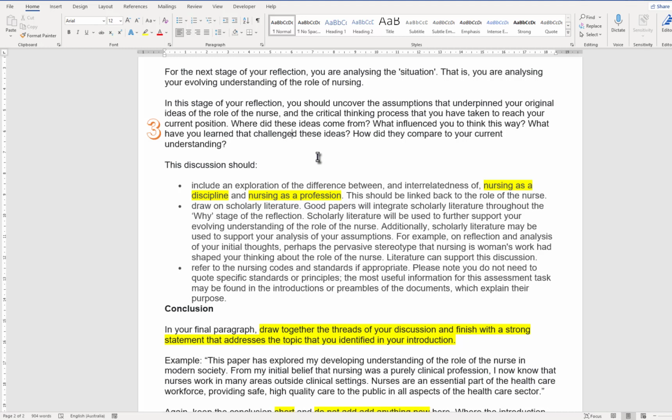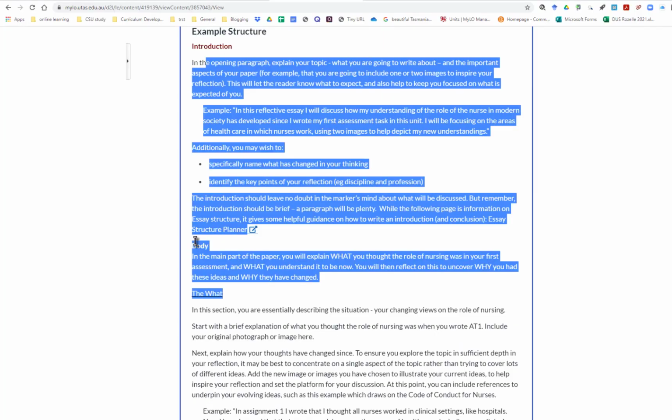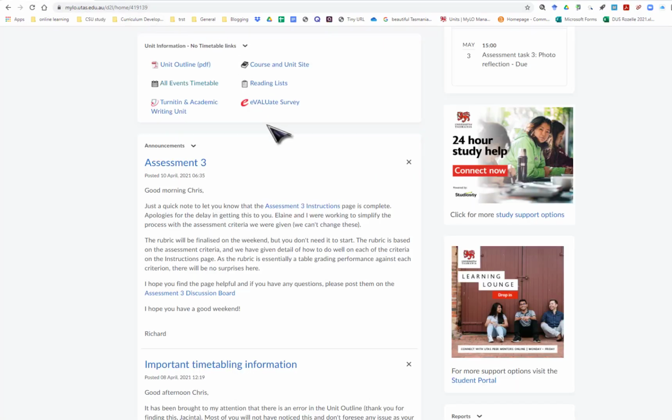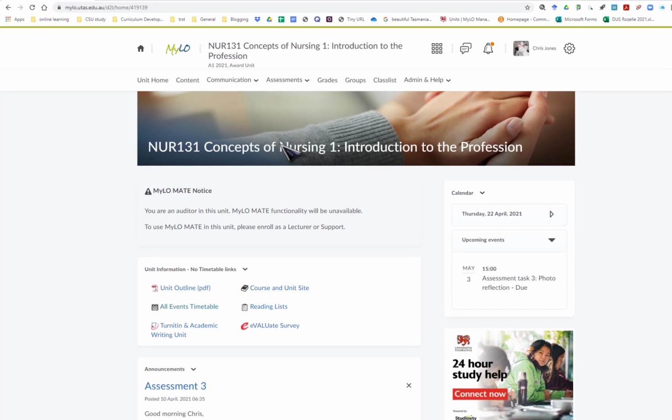So in section 3, the 3rd section of your essay, you must include an exploration of the difference between nursing as a discipline and nursing as a profession. Okay, so let's just pause there for a second and go back to the internet, right? And nursing 131.